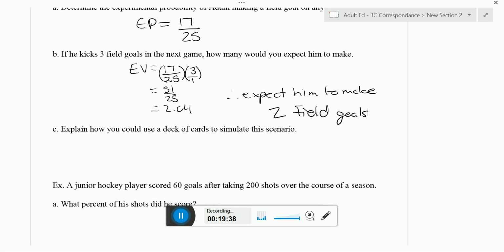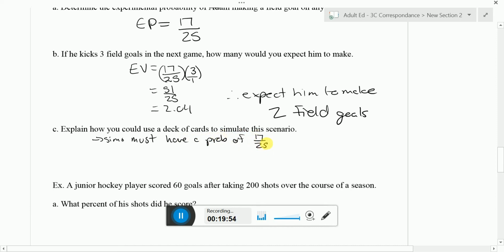Now this is going back to what we looked at in that past note: explain how we could use a deck of cards to simulate the situation. We know his probability is 17 out of 25. The simulation must have a probability of 17 out of 25. Now, a deck of cards has no suit with 25 cards, and the cards aren't numbered 1 to 25.